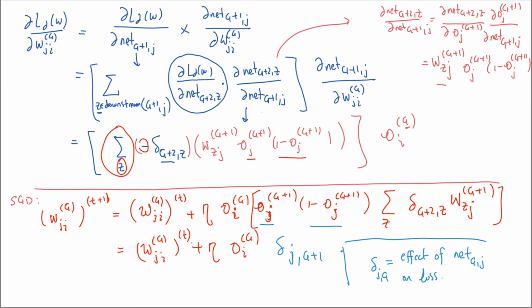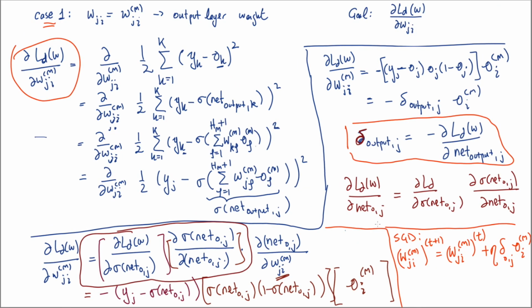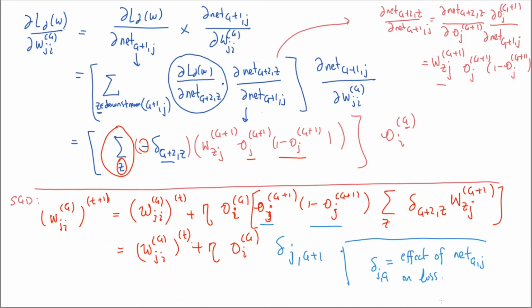If you think about how we defined it in case 1, the delta for output j is the negative effect of the net output j on the loss. And for inner weights, it's the effect of the net for that particular node on the loss.